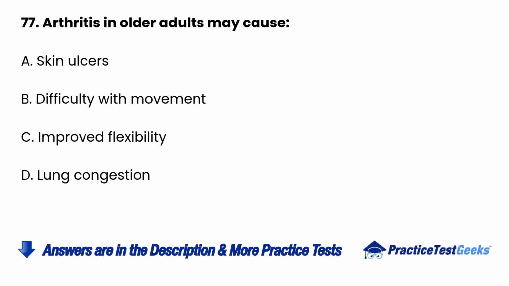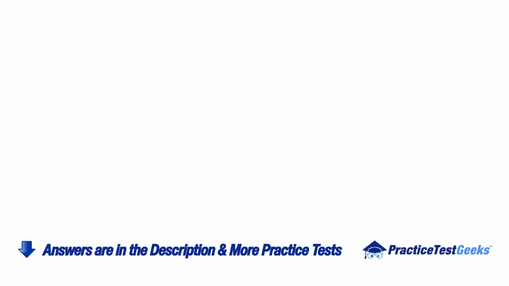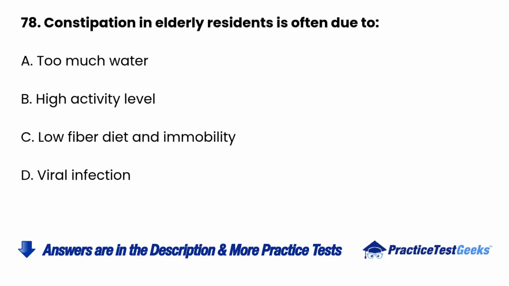77. Arthritis in older adults may cause: A. Skin ulcers. B. Difficulty with movement. C. Improved flexibility. D. Lung congestion. 78. Constipation in elderly residents is often due to: A. Too much water. B. High activity level.